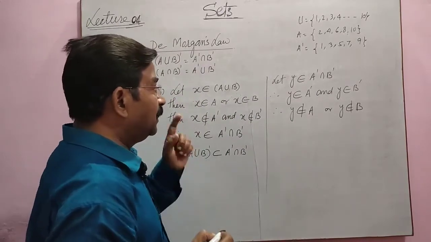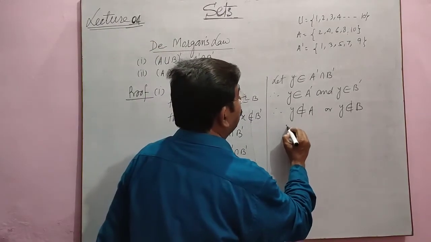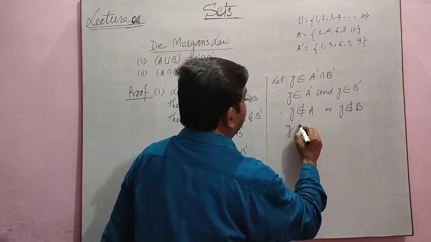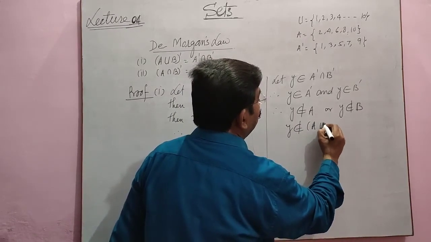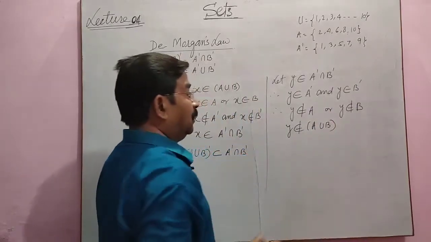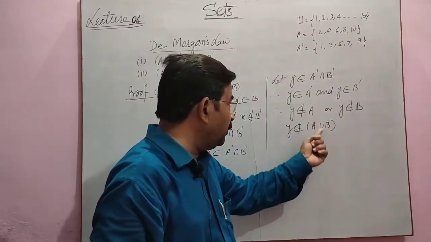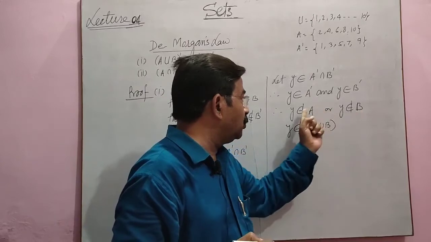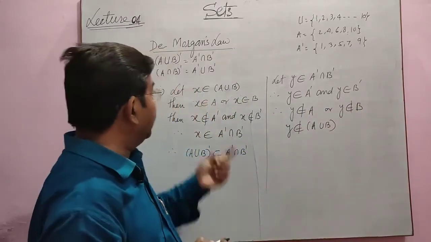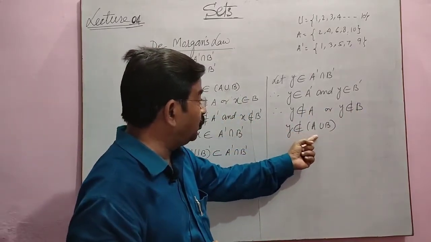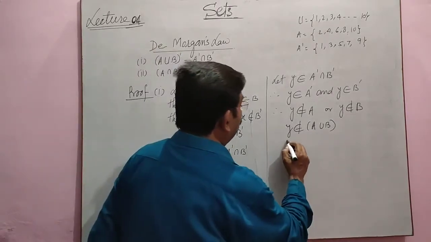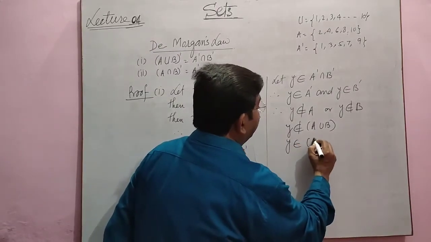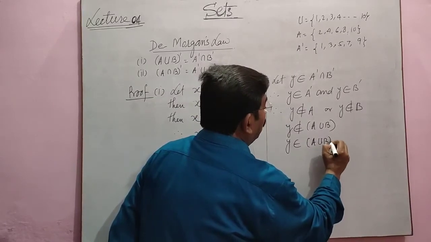It means we can say Y does not belong to A union B. So Y is not belonging to A union B. If Y is not belonging to A union B, it means Y belongs to A union B complement.